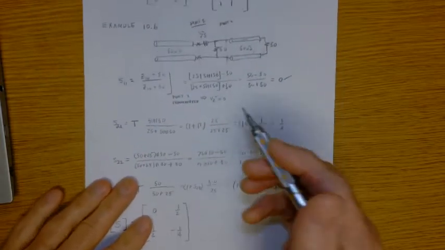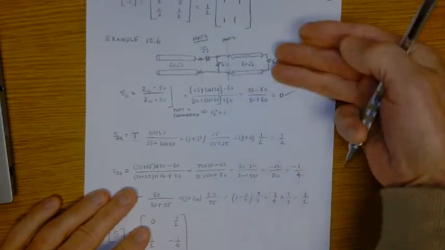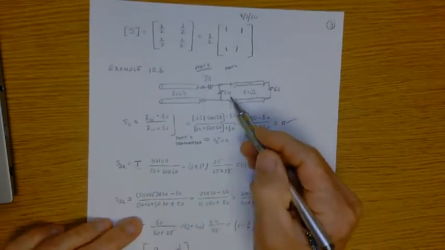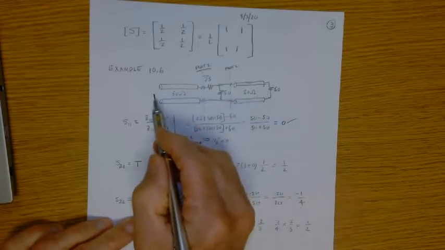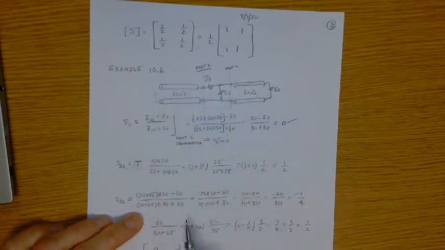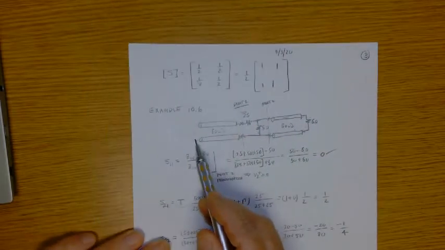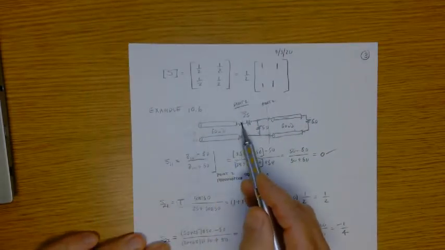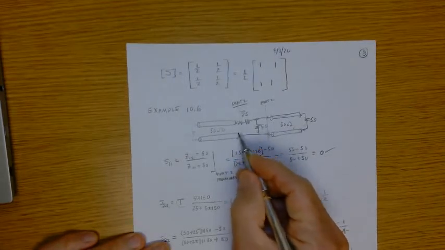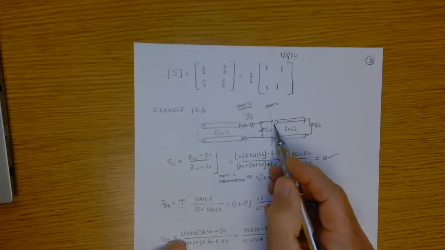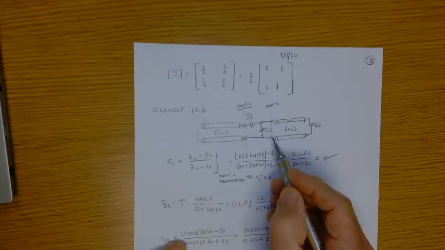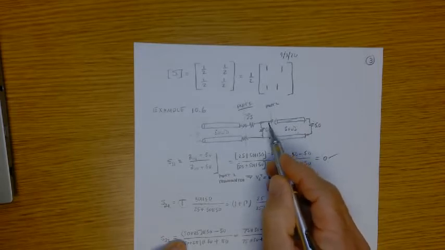So now we need the reflection coefficient looking into this side, right, with this port terminated. Right? So if we terminate the port on the left in 50 ohms, then looking back in this way, we see 50 ohms, right? And so what we need to figure out is what impedance we see looking into port 2.